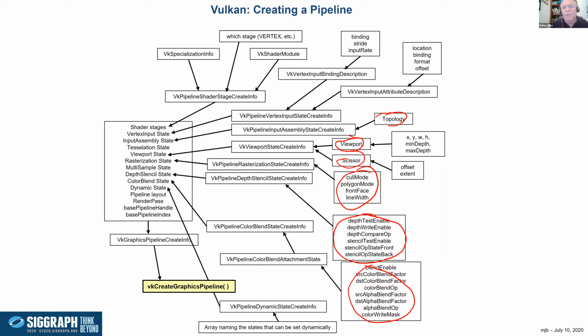So the things that you know about and are used to using in OpenGL are still there. They're just being represented in a different way, a little more burden on you, but in exchange you're going to recover some efficiency.